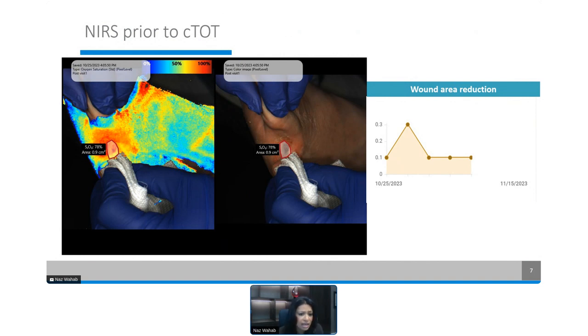You can see the dorsum of the foot is rather pale. The higher the oxygenation, the redder it is. On the dorsum and even on the plantar surface of the foot, it's really not that oxygenated, and we have about a 78% average in the wound itself.